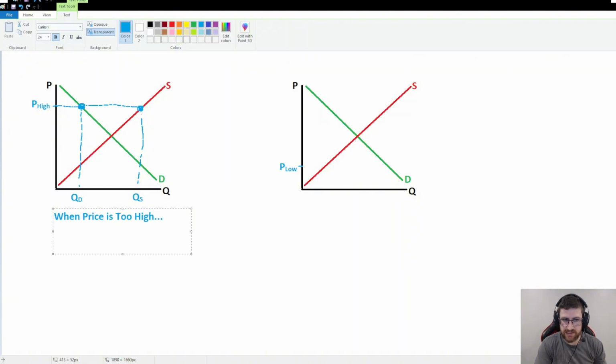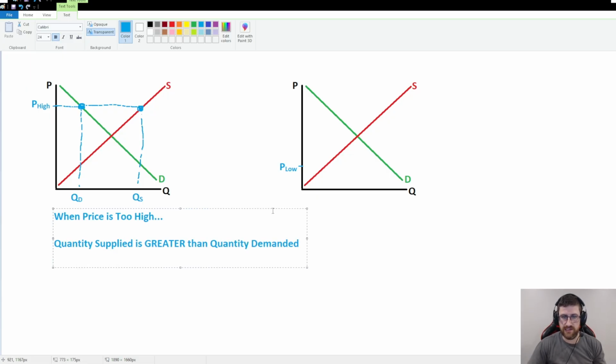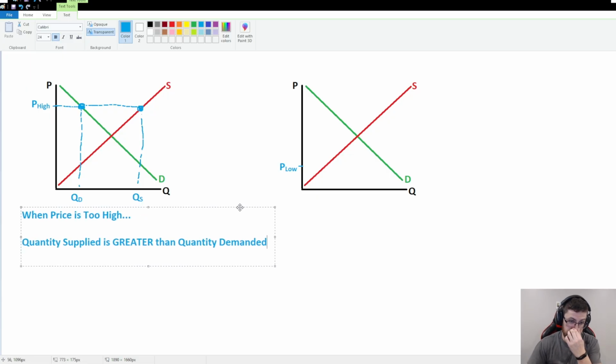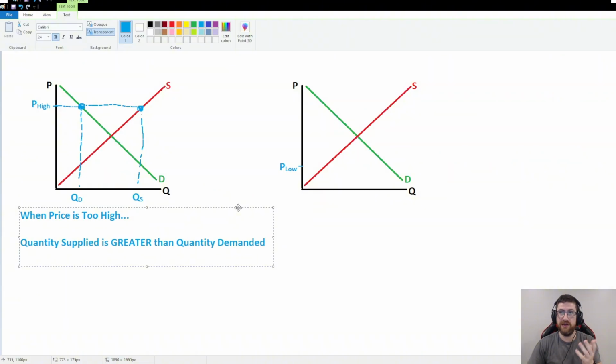All right. So when price is too high, we get a couple things. Number one, quantity supplied is greater than quantity demanded. Okay. It's the same thing as saying quantity demanded is less than quantity supplied. So again, could depend on phrasing. But there's this mismatch.